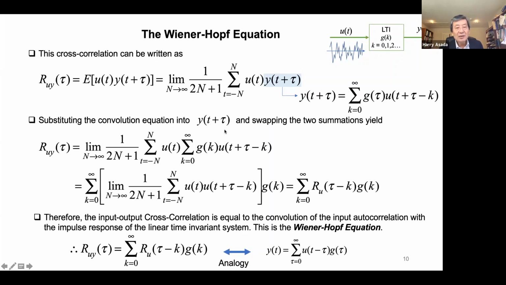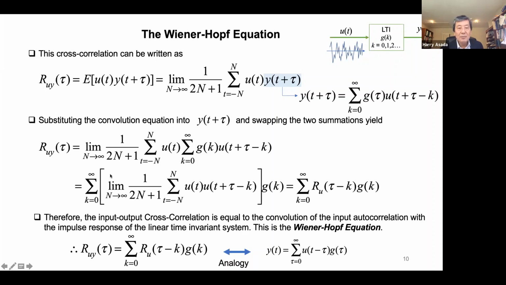Substituting the convolution equation, we replace this with this. Next, we swap the two summations and put this one inside. The summation over k goes outside, and GK can be factored out.